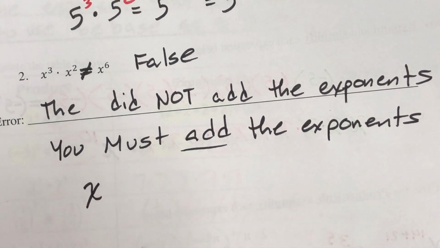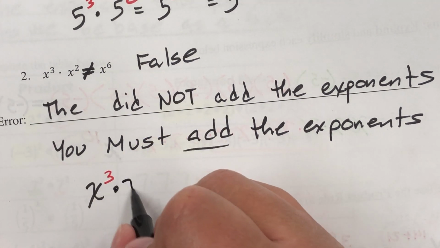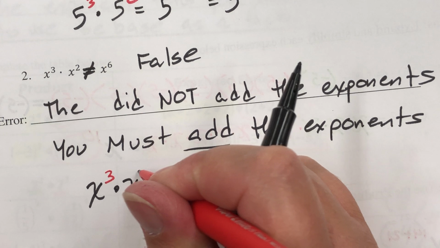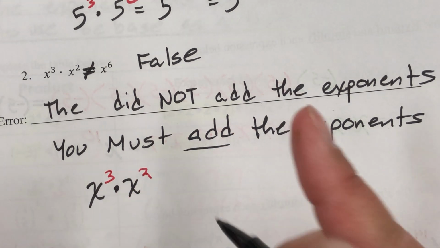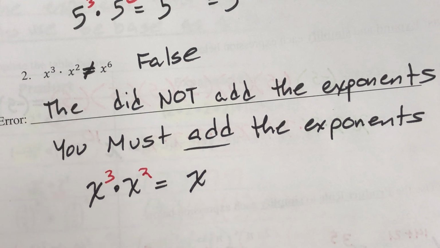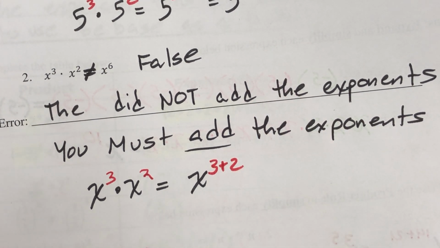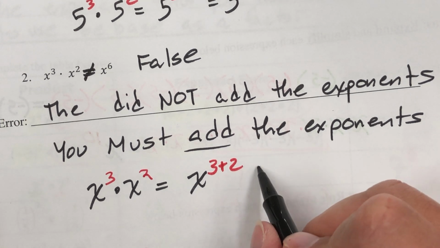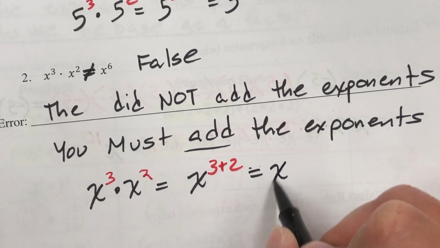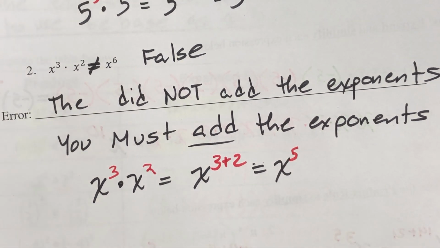X to the 3rd power times x squared is going to be equal to x to the 3 plus 2, or x to the 5th power. All right, that's enough for today, I think. Take care.